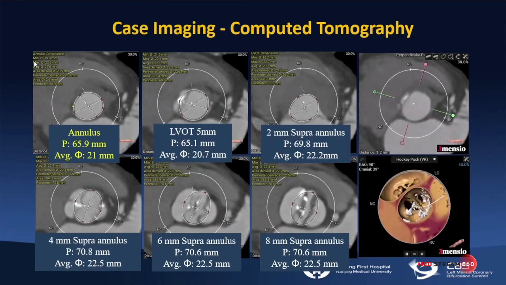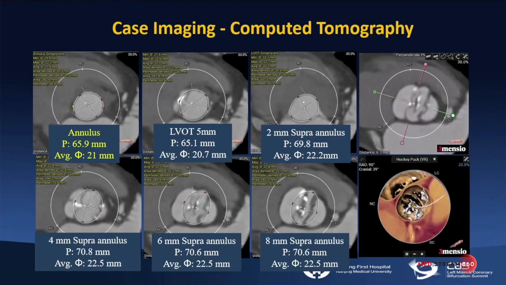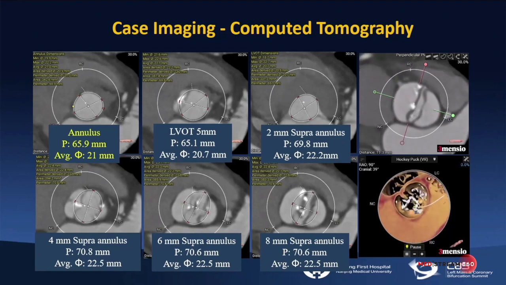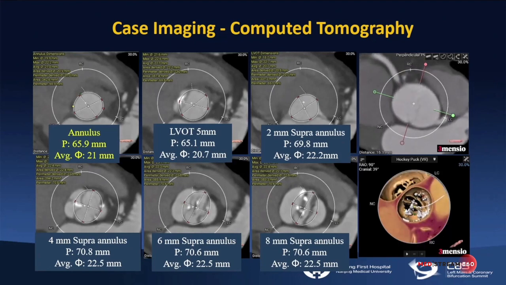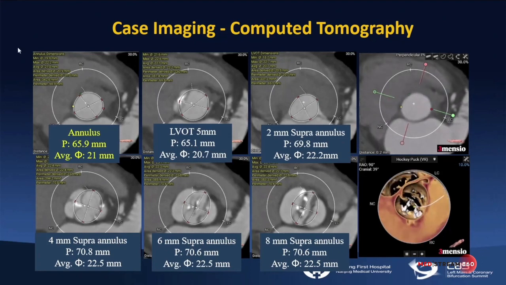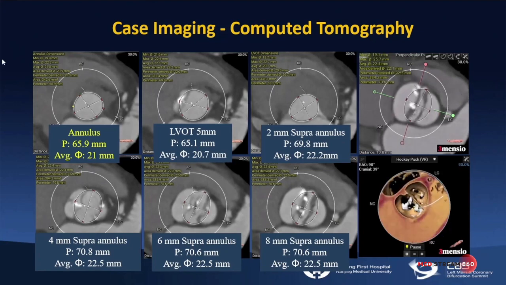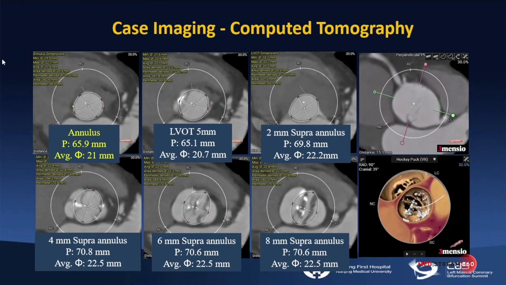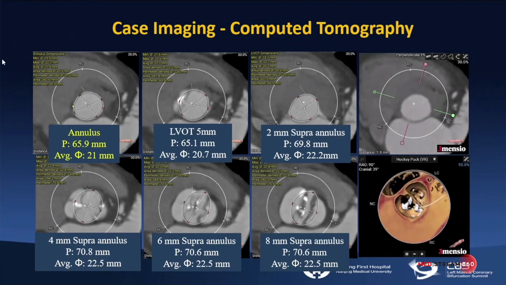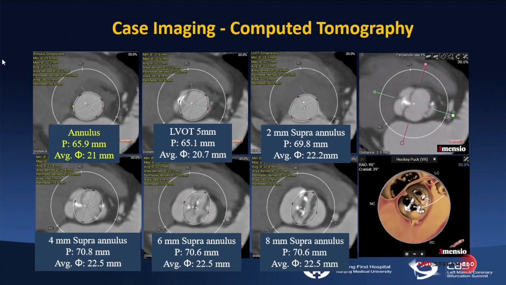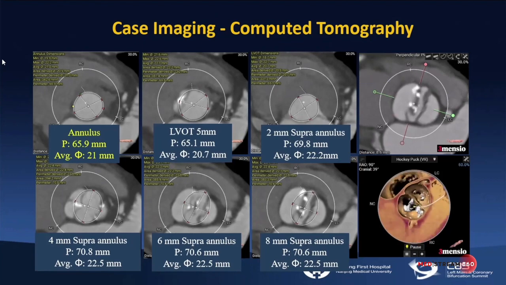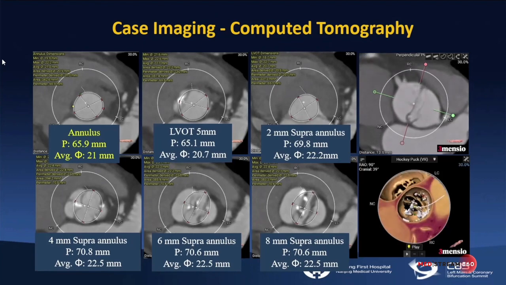Then let me show you the CT analysis. It's quite important for these patients' valve sizing. In terms of very important anatomy, the annulus diameter is 21. In terms of LVOT diameter, at the 5 millimeter level it is only 20.7 millimeters. And you can see it's a typical BAV case with calcification, not so severe.